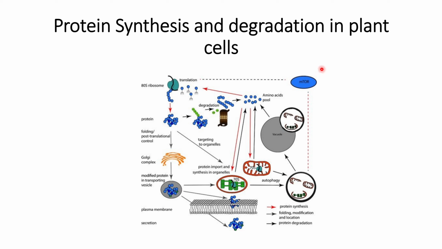Based on this, the mTOR signaling pathway will get activated and try to balance the protein synthesis and degradation in the plant cell. This is similar to the process that happens within the mammalian cells.